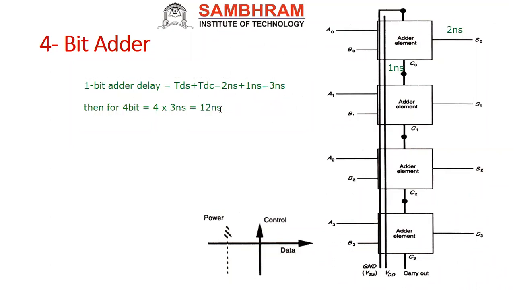As the number of input bits n increases, the carry propagation matters, because for this adder element to execute, the previous adder's carry must be propagated. Only if this carry has come will it execute.